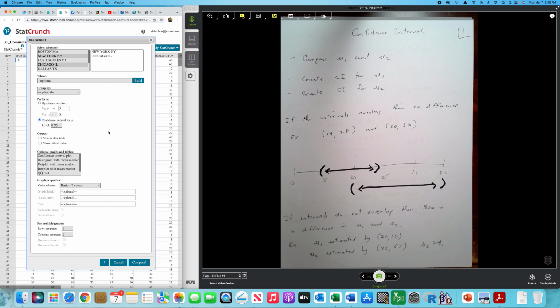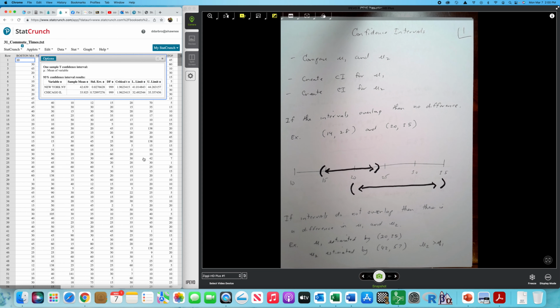I'm going to again keep the status quo of 0.95. I really don't need the T critical, but I'm going to get it. And I can compare. Now, when I look at this, I see that the Chicago commute time runs from 32.5 to 35.4, and the New York runs from 41.0 to 42.3.